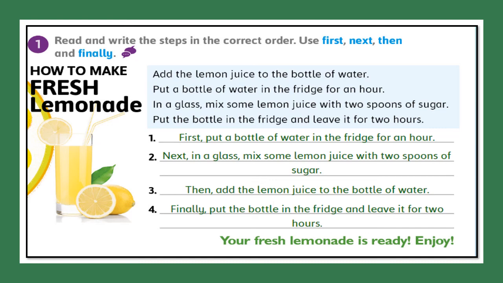Next, in a glass, mix some lemon juice with 2 spoons of sugar. 3, then add the lemon juice to the bottle of water. Finally, put the bottle in the fridge and leave it for 2 hours. Your fresh lemonade is ready. Enjoy!